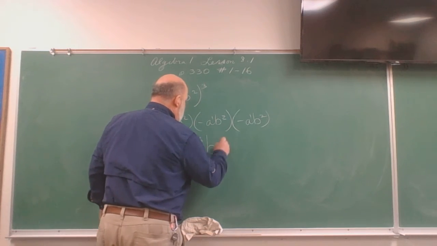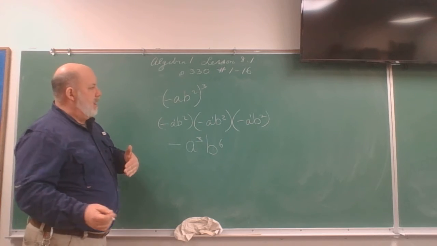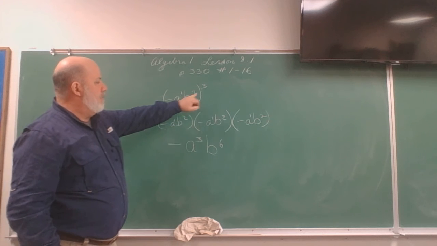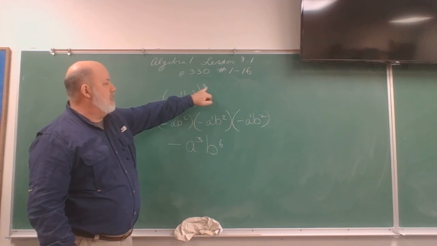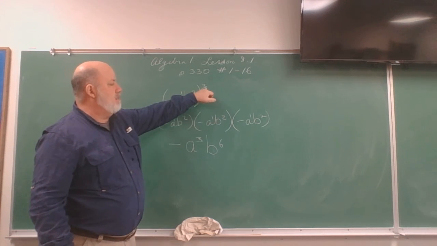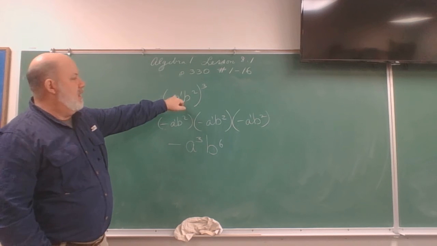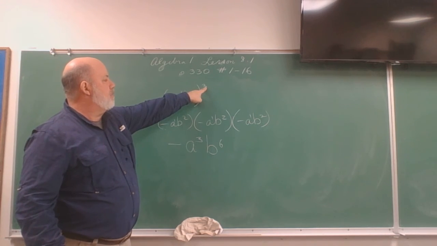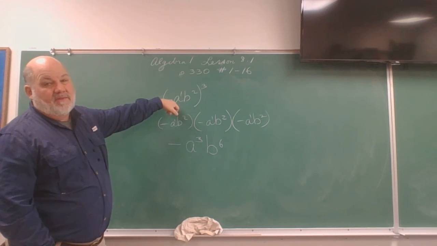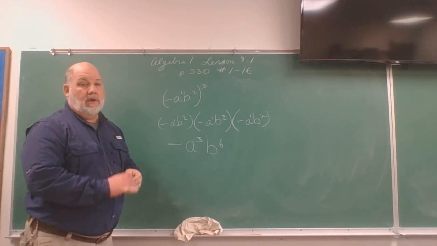It is 6. Now we could have done a little bit of a shortcut right here. I could have said, oh, I've got a power to a power. What is 1 times 3 for the a? Well, that's 3. What is 2 times 3 for the b? That's 6. Just don't forget that because this power is an odd number, a negative number to an odd power, it's going to be negative.